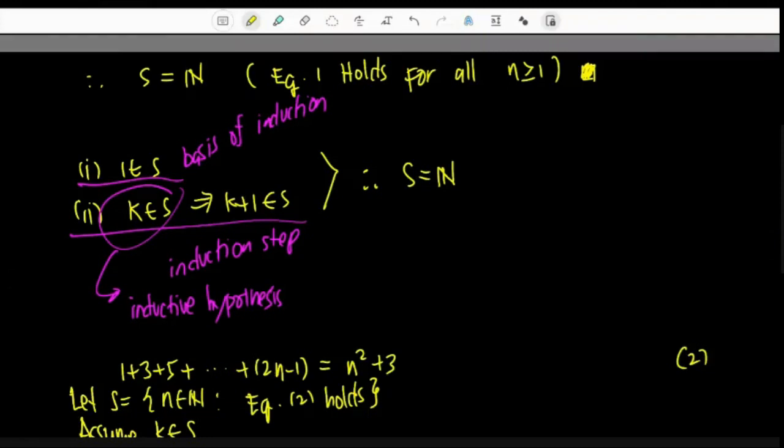Now, it doesn't necessarily mean that we should always start with 1. Sometimes equations or a certain formula is not true for the first k integers, but after some point it will be true, starting from that certain initial value n sub 0.